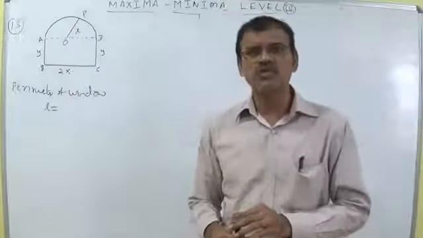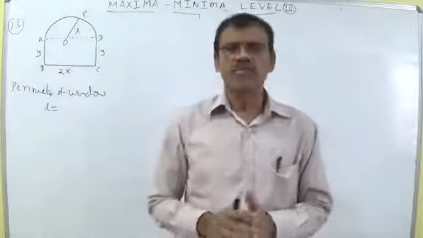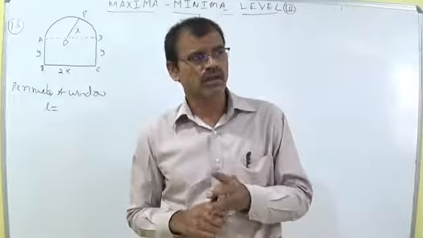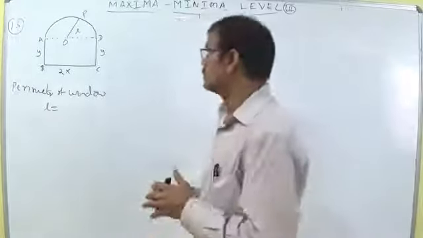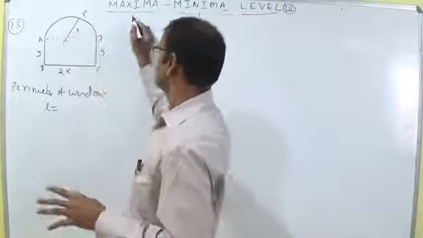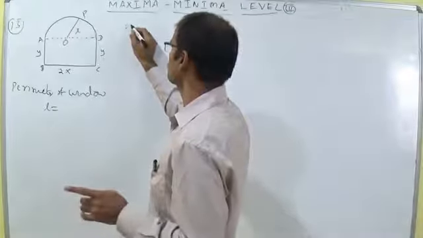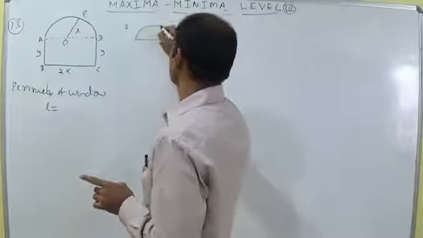Perimeter of the rectangle is 2 into (l plus b), and perimeter of the semicircle is pi r plus 2r. But just wait, students, perimeter of a semicircle is not pi r, it is pi r plus 2r. Just let us write this one.